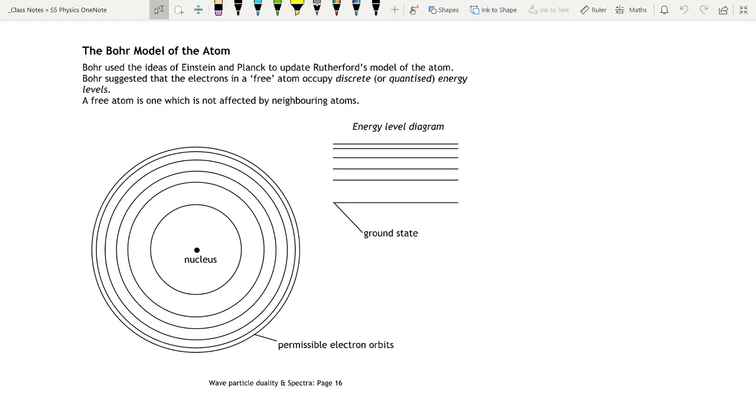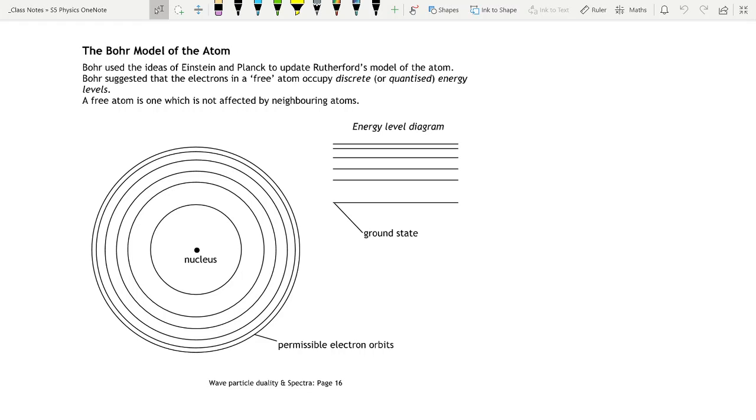Instead of the electrons being anywhere around the outside, they are in these energy states. This one is nearest the nucleus, and then as you go out there's another one, and another one. You can see the energy gaps, the differences in energy between them, are getting smaller and smaller as you go further out.